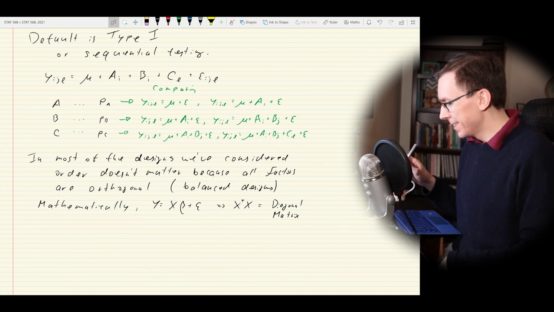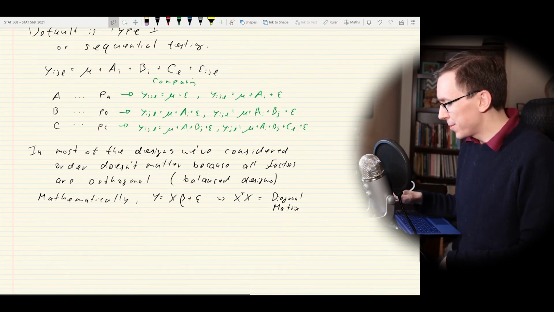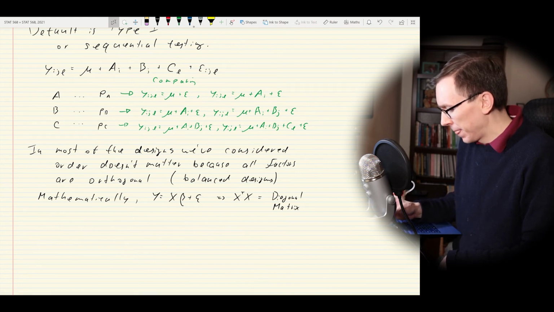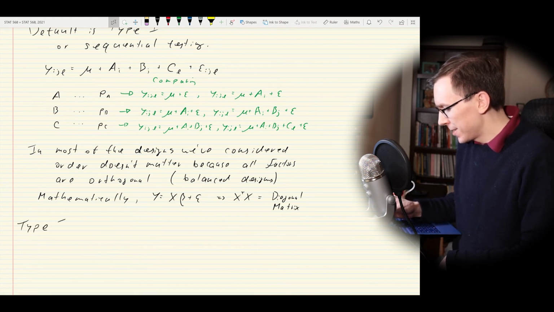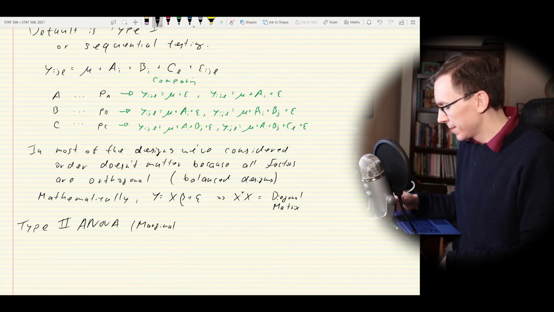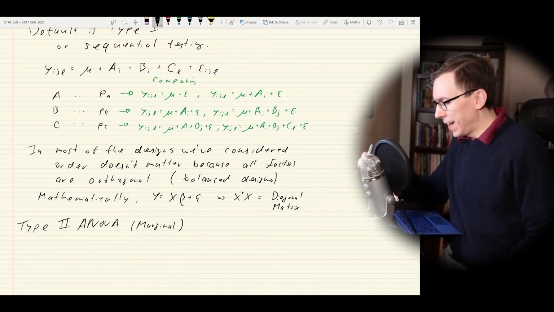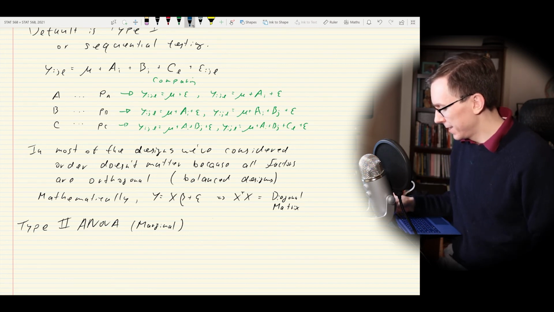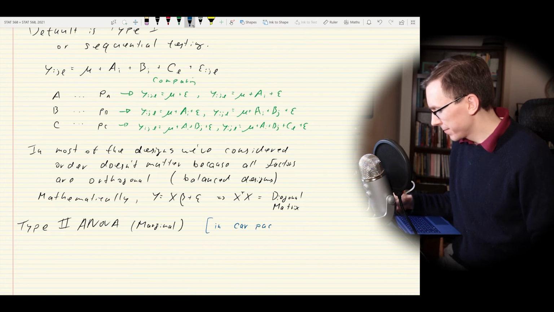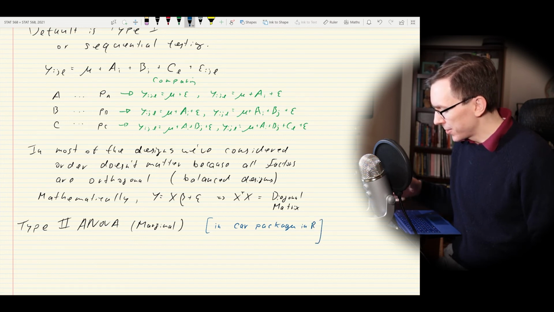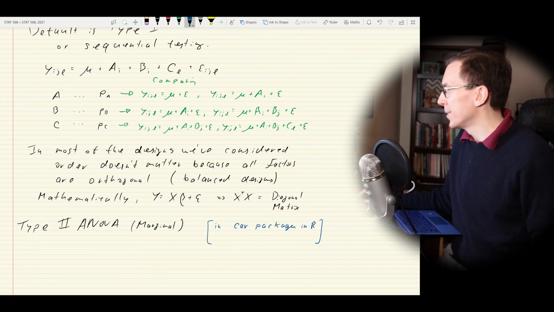So given all of that, what in the world are type 2 and type 3 ANOVA? So type 2 ANOVA is the, I guess, marginal ANOVA. And you can find all of this in the car package in R, under the function which I believe should be capital Anova.